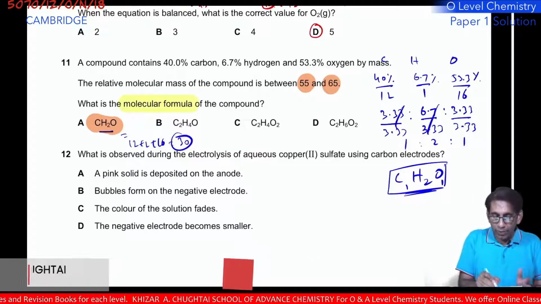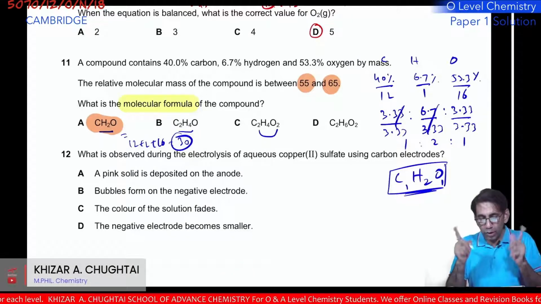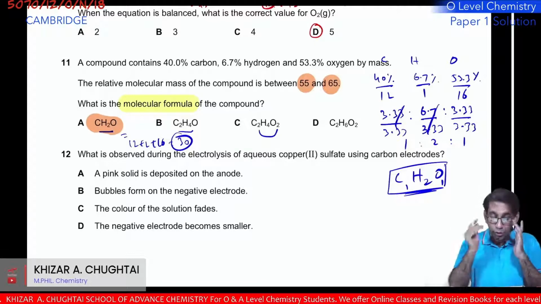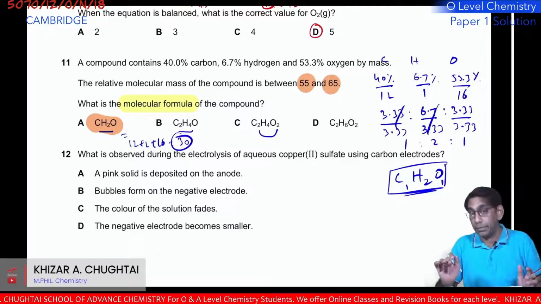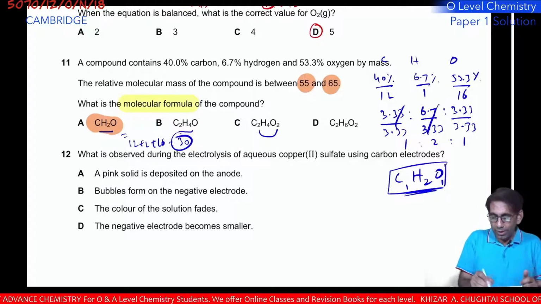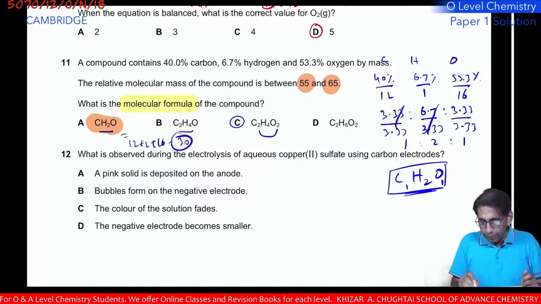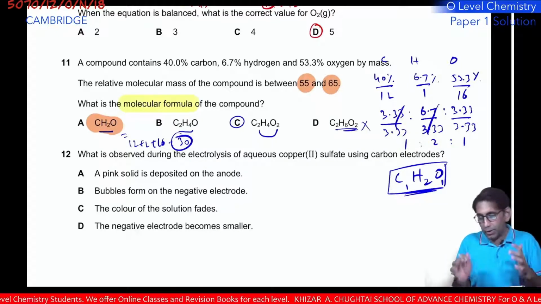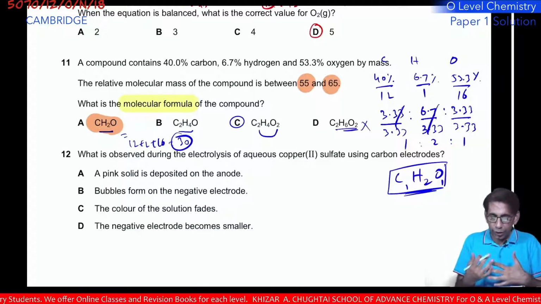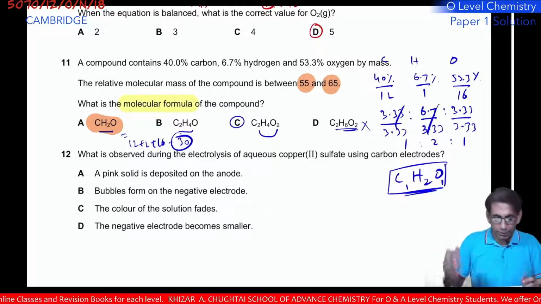The next one, where carbon and oxygen have the same ratio and hydrogen is double. Yes, it is true. C is the correct option. Option D is again incorrect because hydrogen has a higher ratio than double. So question number 11, C is the correct option.